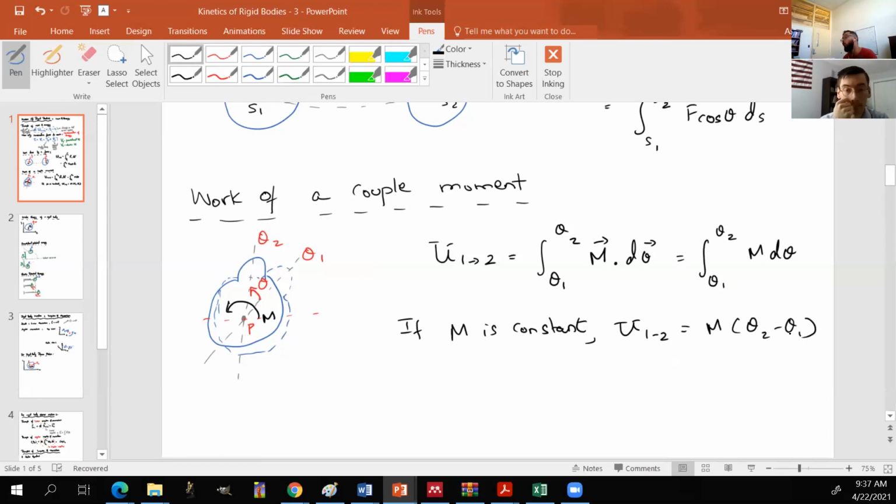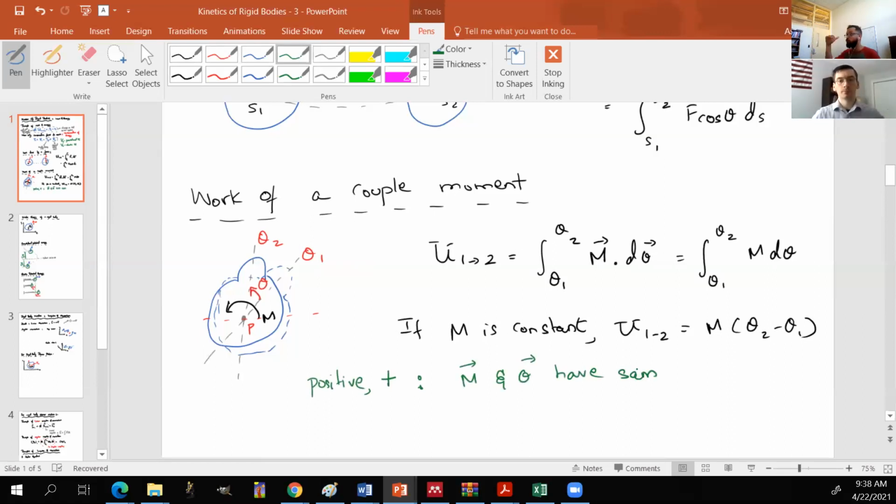Now, when you're looking at the work done by a force, the signage is a little bit more intuitive, because if it's moving in the same direction, then that work done is positive. But when you're looking at moments, you have to be careful. So it's positive, and when I'm saying positive today, going forward, I'm going to use this plus symbol. What that means is that your moment and the change in angle have the same sense of direction.